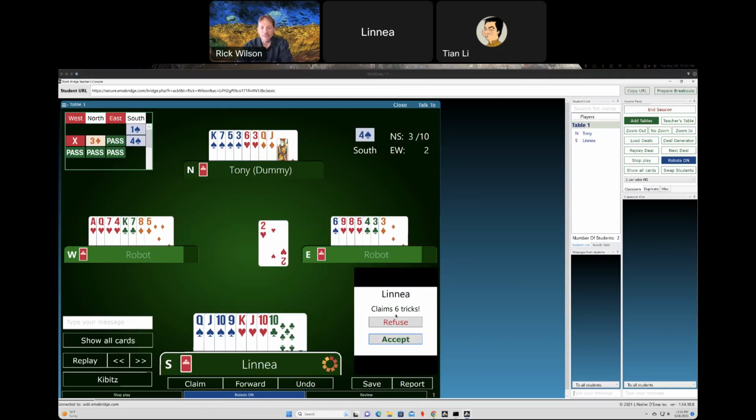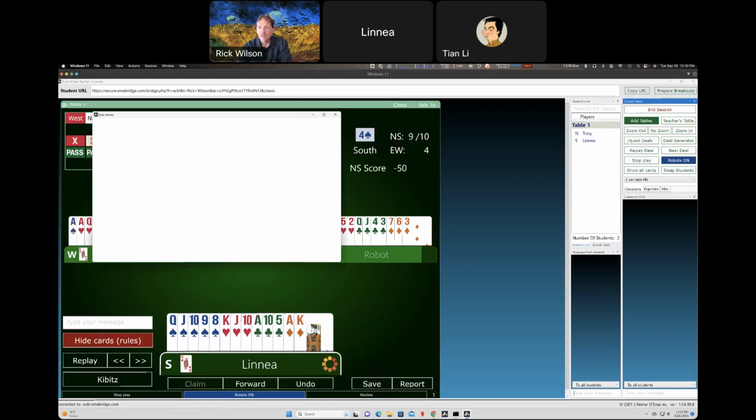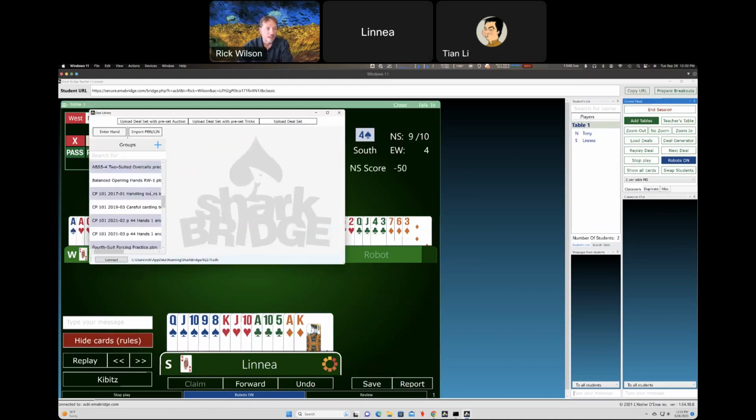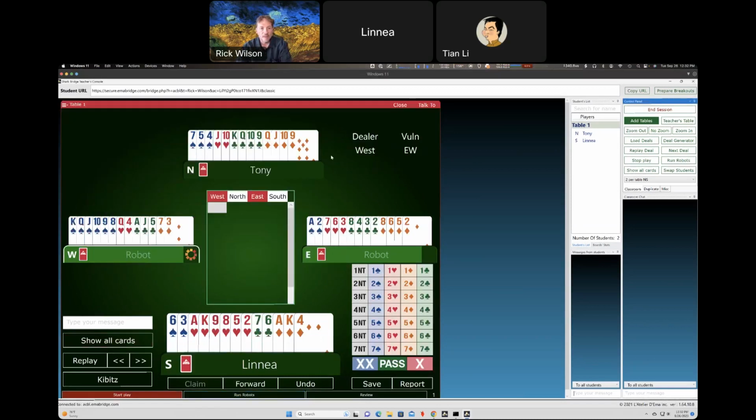Let me switch to another one here. I was thinking if West had the ace of spades and I didn't lead out the queen, he might not take the ace right away and I could do some ducking, but that didn't work.